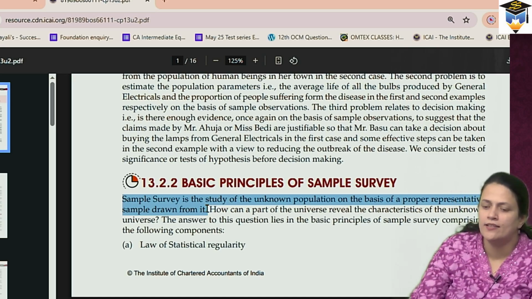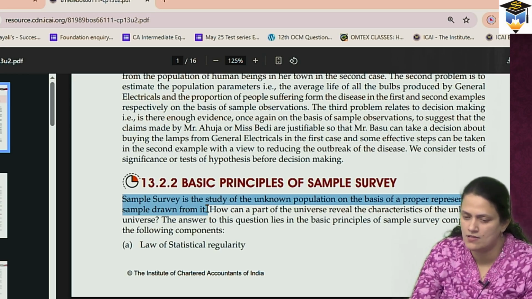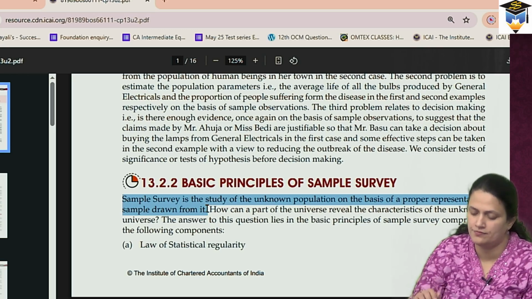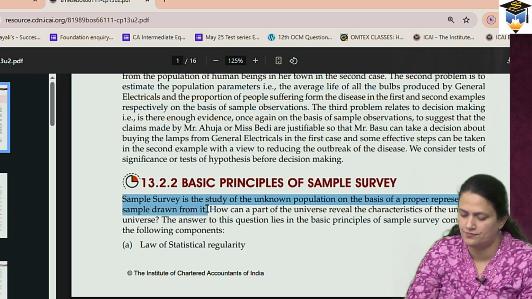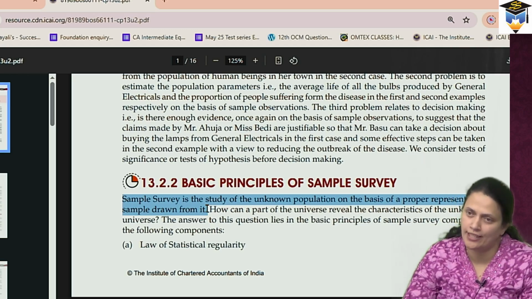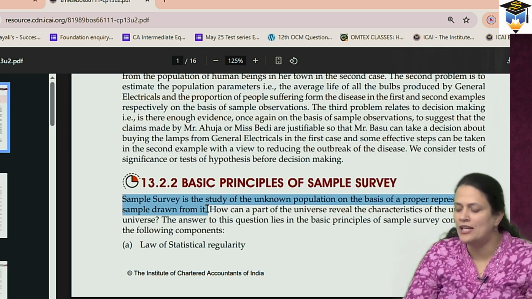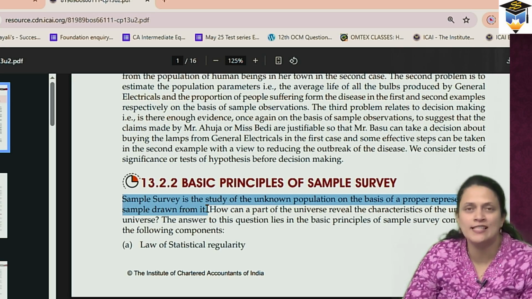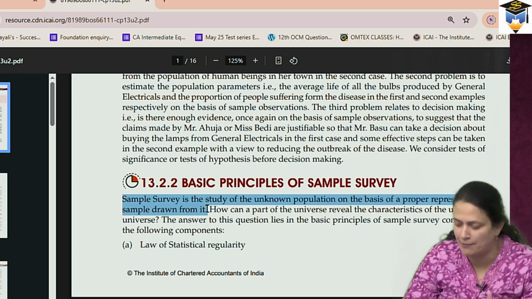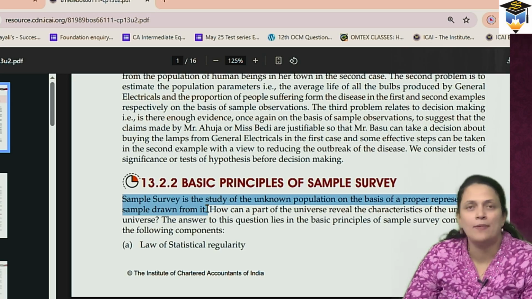So, we are going to say that sampling is the process of selecting a subset, in bracket write down sample, from a larger population to study and draw conclusions about the entire population.